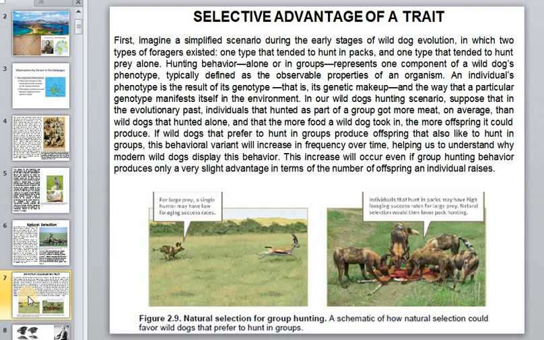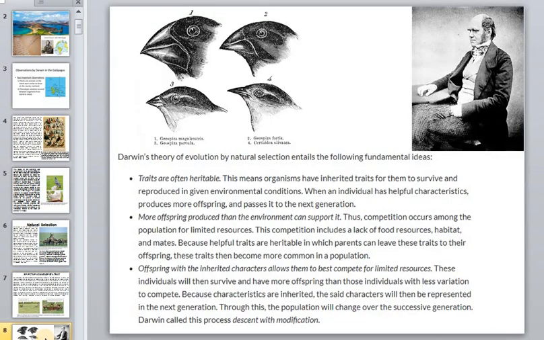One type hunts in packs, and one type tended to hunt alone, and hunting behavior, alone or in a group, represented one component of the wild dog's phenotype, typically defined as the observable properties of the organism. And of course now we have the tendency to hunt in a group, and what we have here.